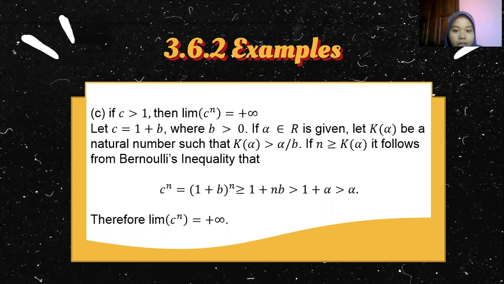If n is greater than or equal to K(alpha), it follows from Bernoulli's inequality that c to the power n equals (1 plus b) to the power n, which is greater than or equal to 1 plus nb, which is greater than 1 plus alpha, which is greater than alpha. Therefore, we get the limit of c to the power n equals positive infinity.